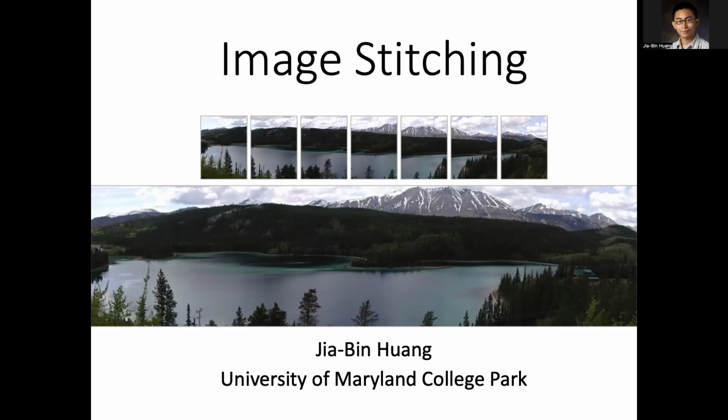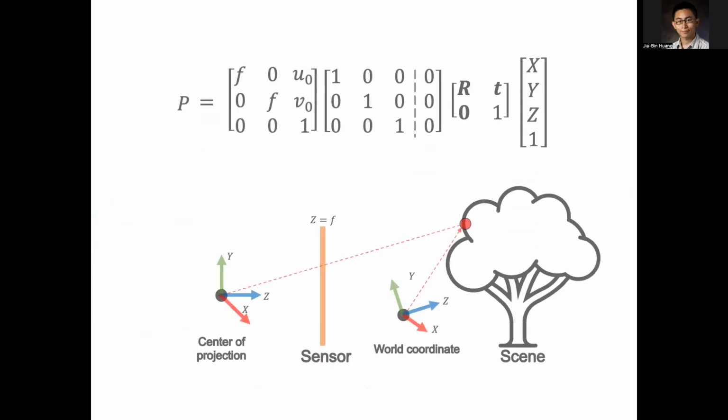All right, so where are we now in module 3? We started module 3 by talking about the relationship between a point in the 3D world coordinate system XYZ, and then we translate that into the camera coordinate system through rotation and translation.